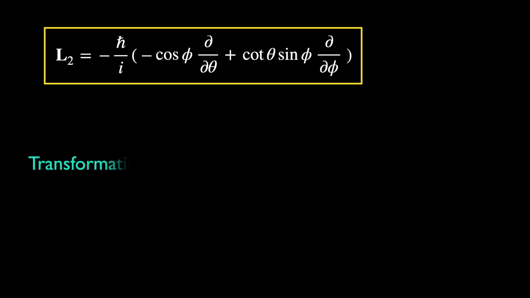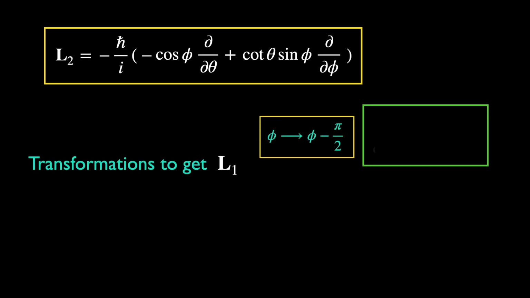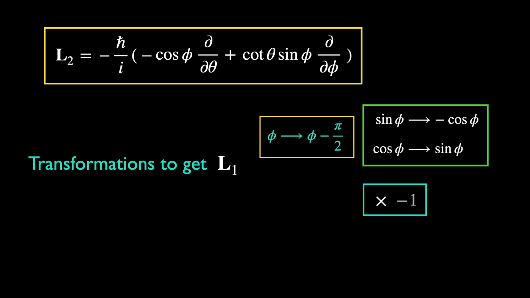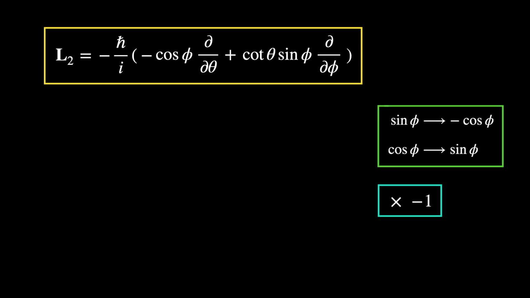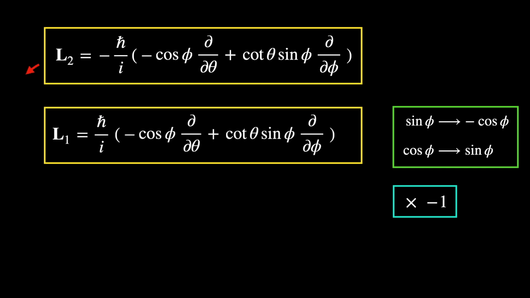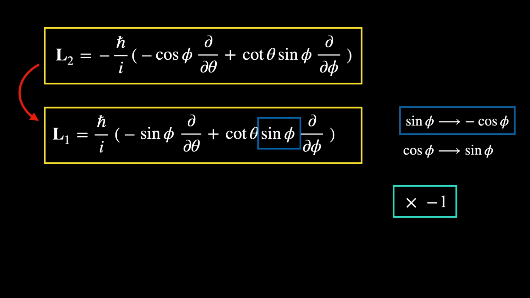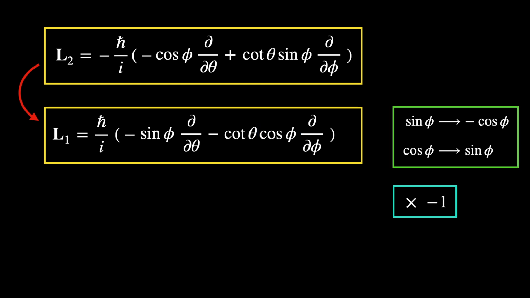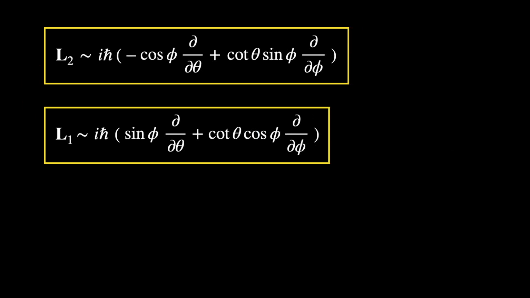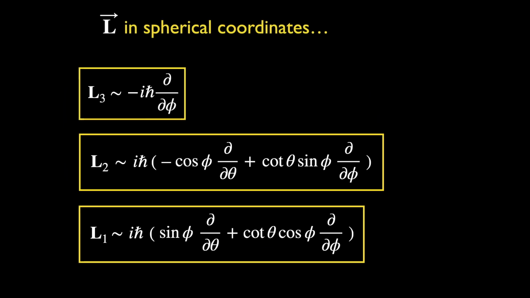Let's perform the transformations that will give us L1 from L2. Thus, without having to do much work, we have derived the spherical representation of angular momentum.